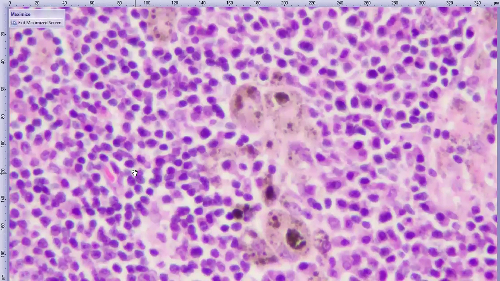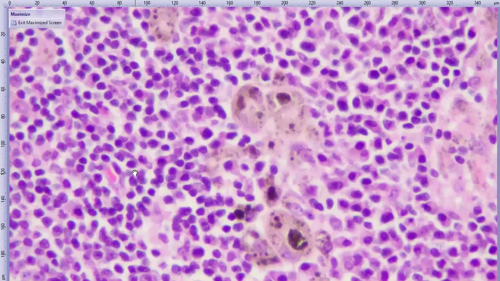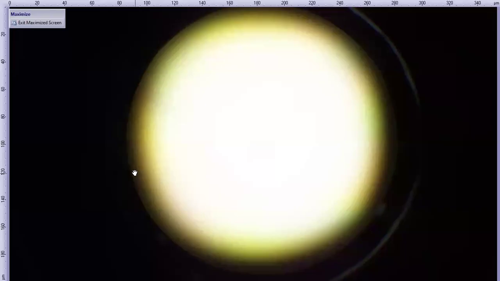So the question is, are these metastatic neoplastic melanocytes that have exited the globe and moved into the lymphatic circulation, or are these melanin-laden macrophages? Or could that be hemosiderin? So the first thing I did was an iron stain, and that stuff did not stain with the iron stain.